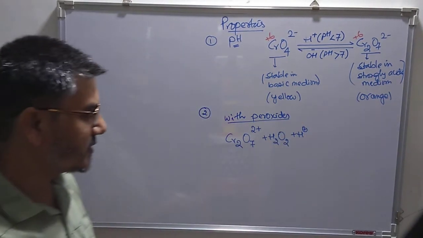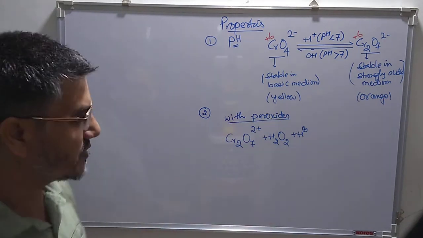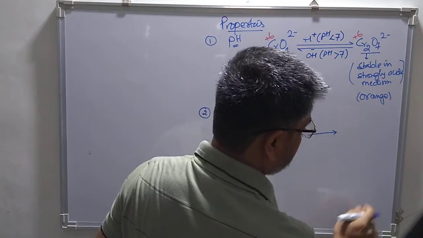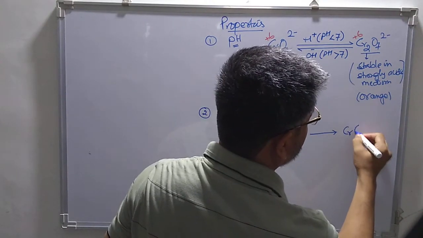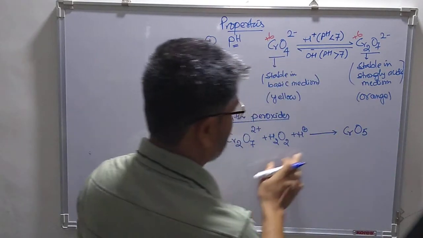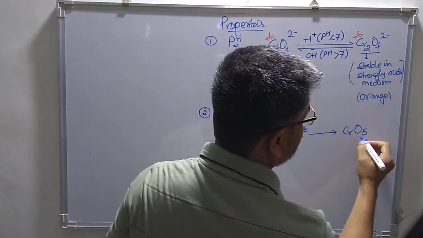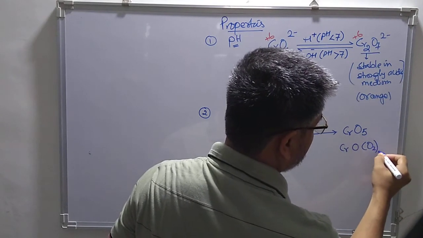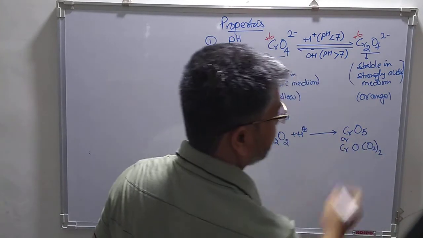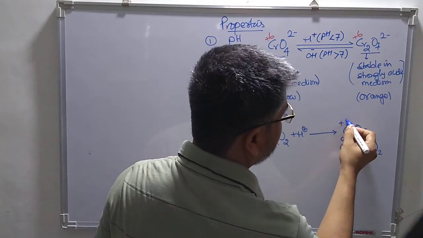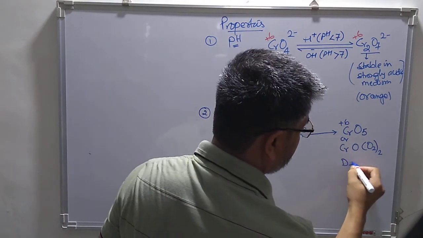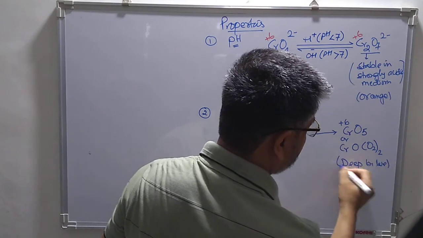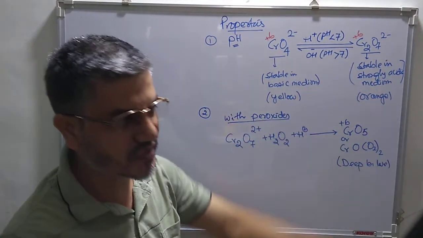When this dichromate reacts with hydrogen peroxide in presence of acid, this gives you a deep blue colored compound, CrO5, which is also written as CrO(O2)2. In this, again, the chromium is in +6 state. This is deep blue in color. So this is chromium peroxide.